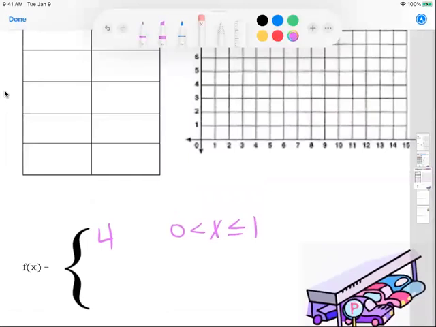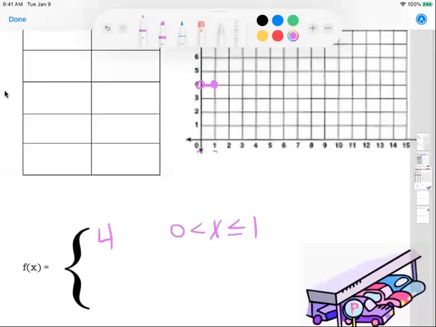So from 0 to 1, when x is between 0 and 1, down here, our y is 4. So I'm going to start with an open circle here at 4, and it's going to go all the way to 1. So anytime we're parked between here, and then I'm going to have a closed-in circle at 1 because our price includes 1 hour.